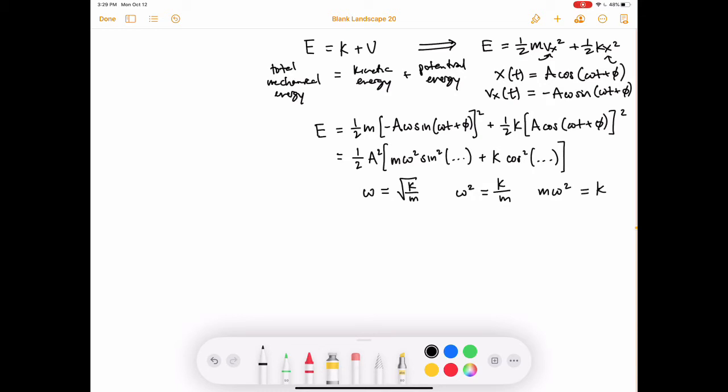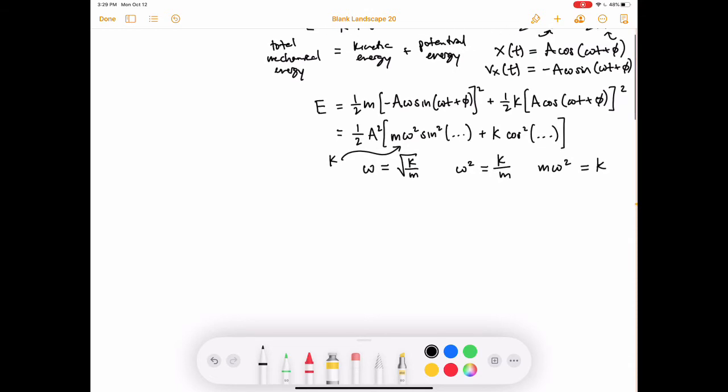So in other words, this factor of m times omega squared in front of the sine function is just equal to k. So in reality, what we have is E equals 1/2. There's a common factor of k, which I can pull out from both terms, multiplying the a squared. And once I do that, I have sine squared plus cosine squared of omega t plus phi going inside of each one of those functions.